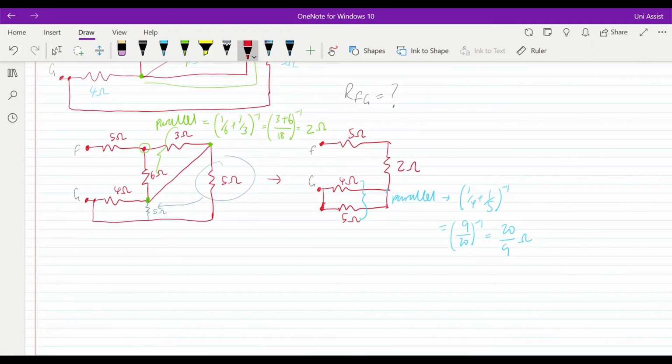Then our final circuit is simply the addition of all three of these resistors, which are in series. So my final answer, RFG, is going to equal 5 plus 2 plus 20 over 9, and that gives me a final value of 9.22 ohms.